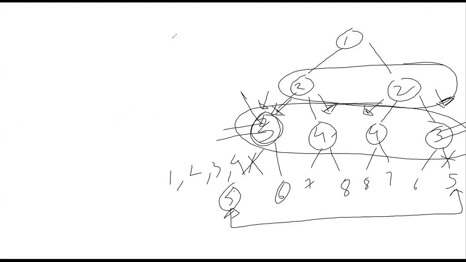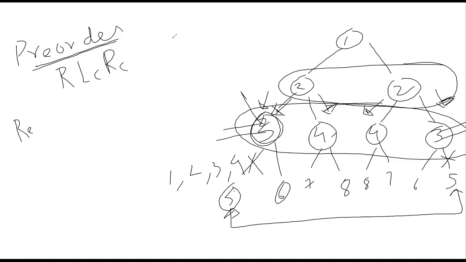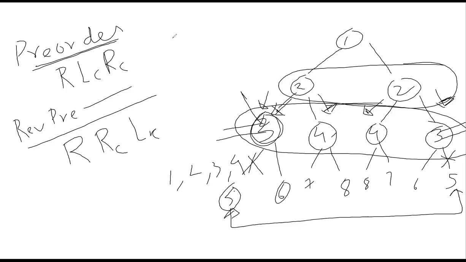But right, in this case, I do it recursively. Correct. So if you see the pre-order, it follows a pattern: you first visit the root, then you visit the left child, and then you visit the right child. And if we do a reverse pre-order, it'll take the root, then the right child, and then the left child.